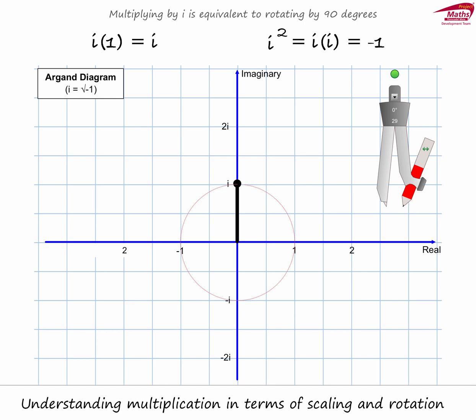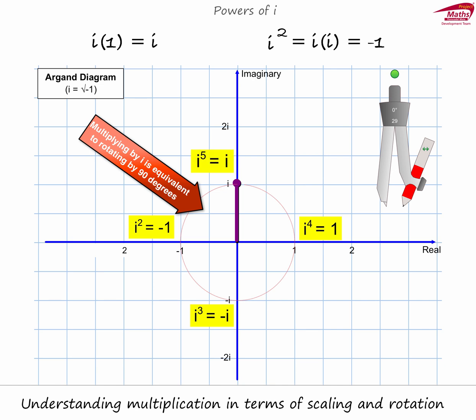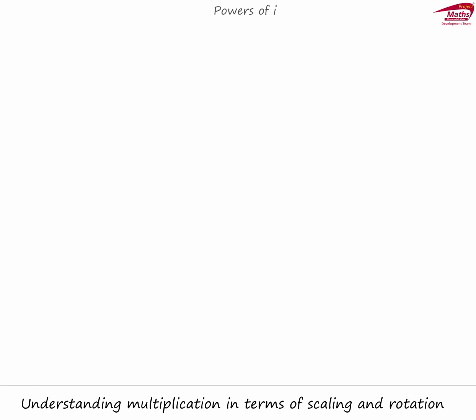We notice that 1 multiplied by i gives us i, i multiplied by i, or i squared, gives us negative 1, and negative 1 multiplied by i gives us negative i. So multiplying by i seems to be the same as a rotation of 90 degrees. When you multiply by i squared, which is the same as negative 1, it is a rotation of 180 degrees, which is consistent with what we've been saying.